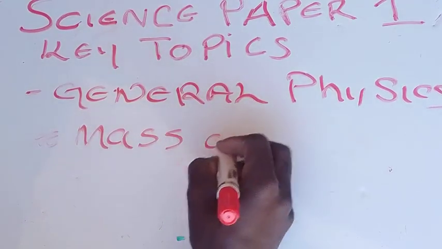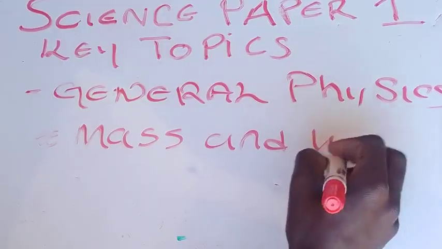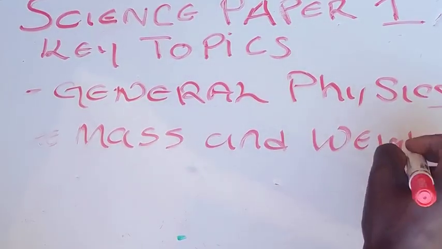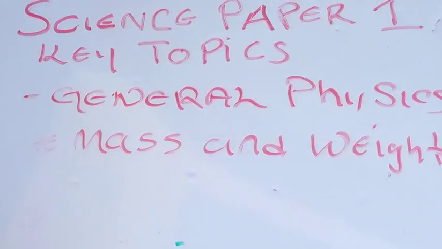Please know what mass is, know what weight is, and know the formula we use when finding weight. Go through. These things are real, guys. You're going to find them in your paper.